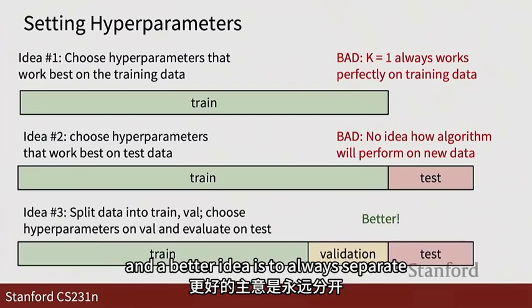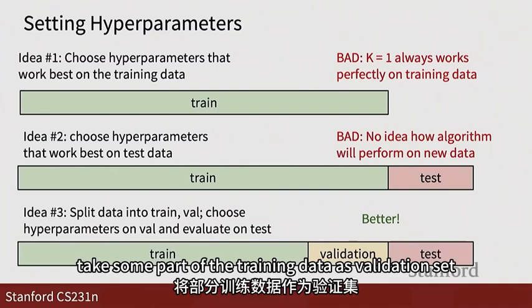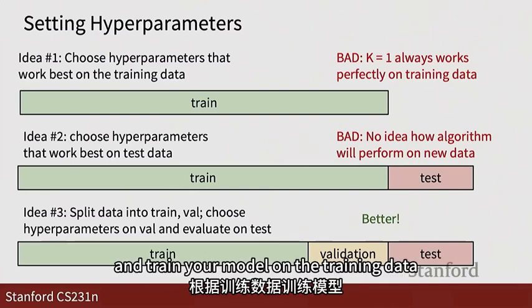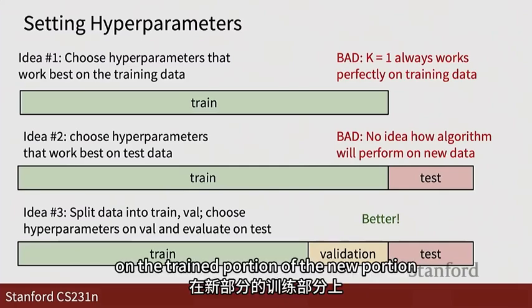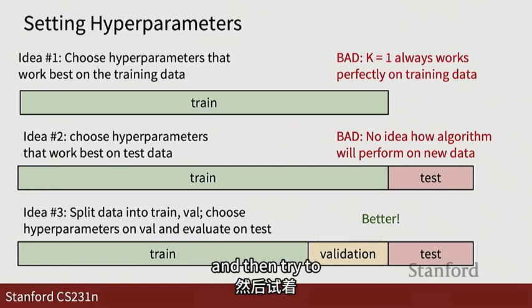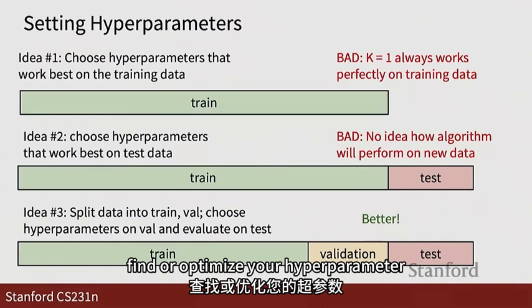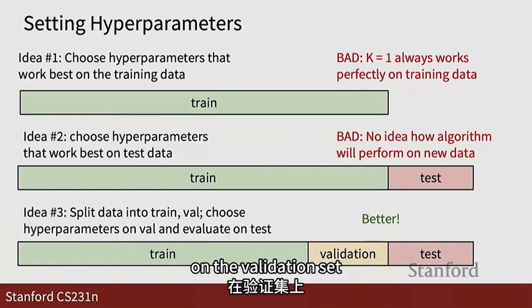And a better idea is to always take some part of the training data as validation set and train your model on the training data, on the train portion of the new portion that we call train, and then try to find or optimize your hyperparameter on the validation set.